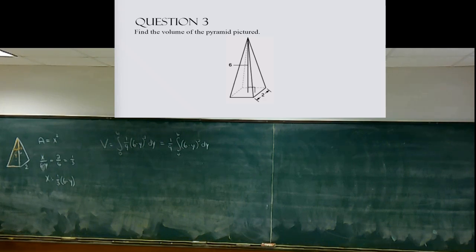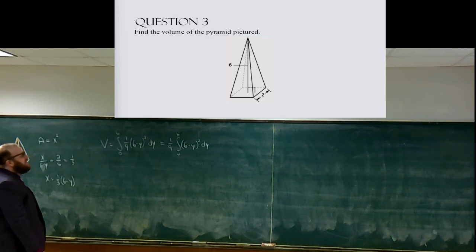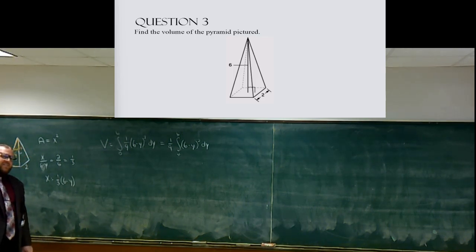How would you evaluate that? Just plug in? Well, maybe you need an antiderivative first. I think we probably have to expand that out. You can do that, but there's a simpler way.